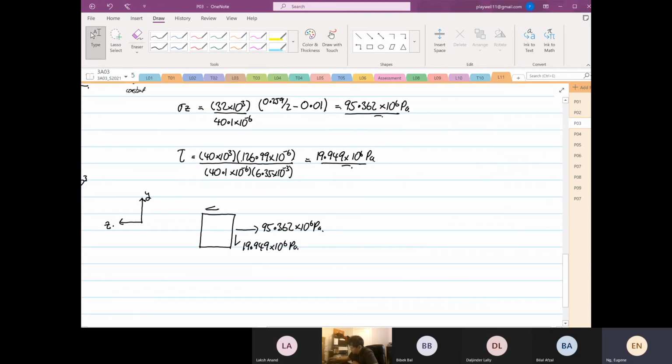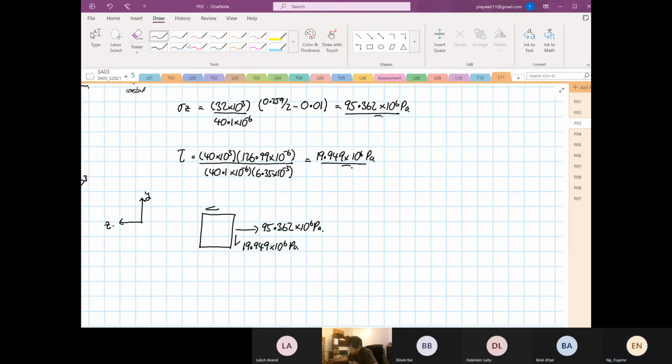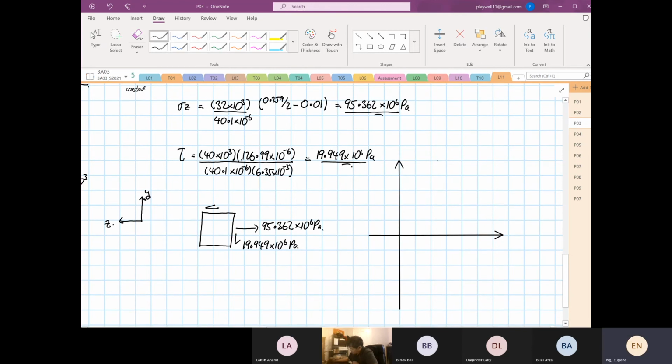So if we are going to sketch up the Mohr circle, I'm going to sketch this. This is just a sketch, by the way. A 2D Mohr circle. Later on after today you can do 3D. So we know that this is normal stress. This is shearing stress clockwise, shearing stress anti-clockwise.